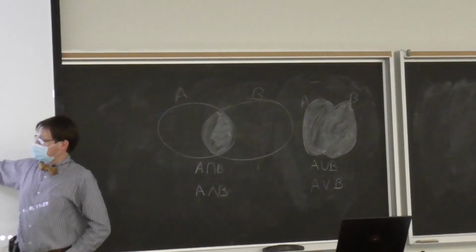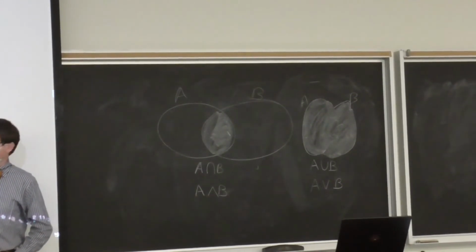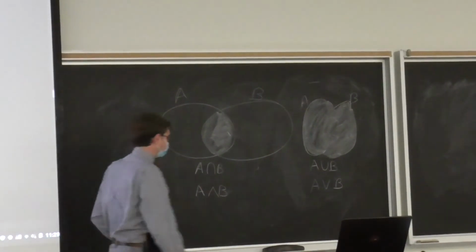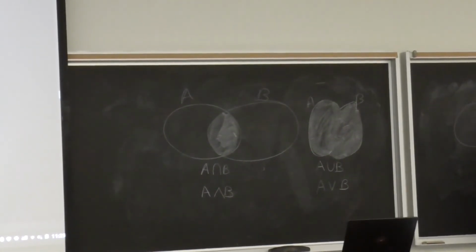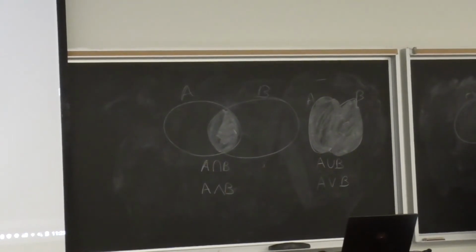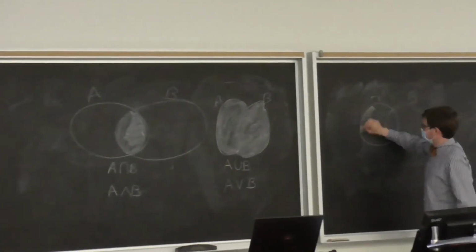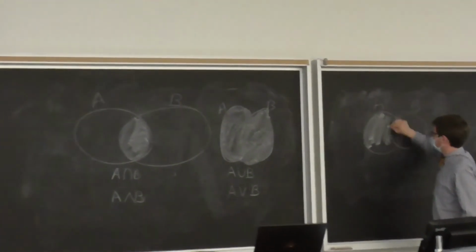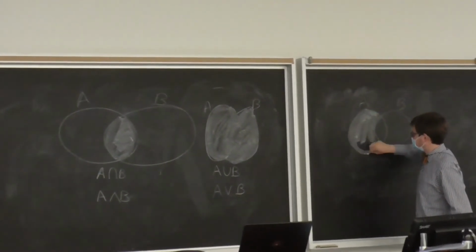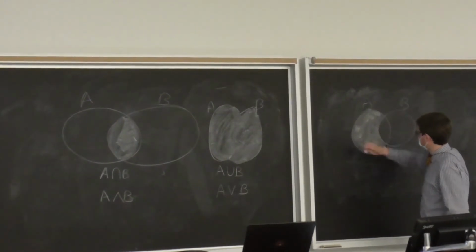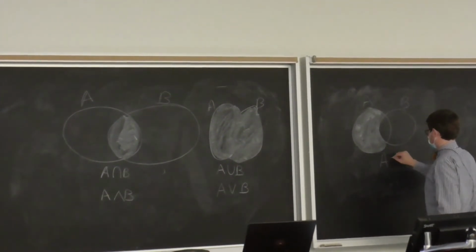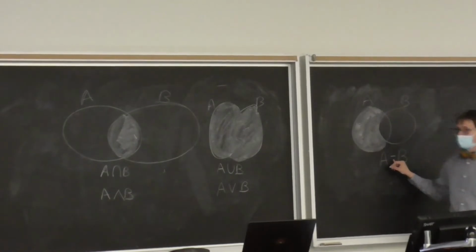In addition, we have two operations, difference and cardinality. The difference of two sets, if we have sets A and B, is all of those elements which are in A but not in B, like so. This is A minus B. We just use minus.